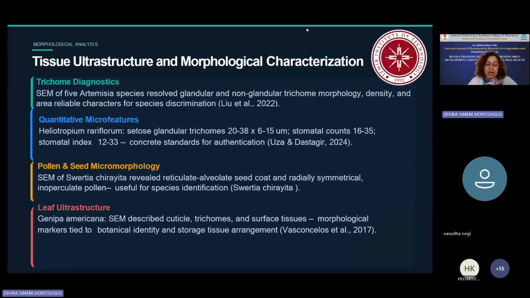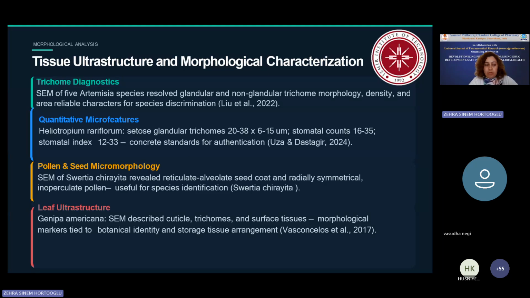Tissue ultrastructure and morphological characterization. For example, trichome diagnostics: SEM of five Artemisia species resolved glandular and non-glandular trichome morphology, and density are reliable characters for species discrimination. Quantitative microfeatures, for example Heliotropium rariflorum: setose glandular trichome size is very important to distinguish the species.